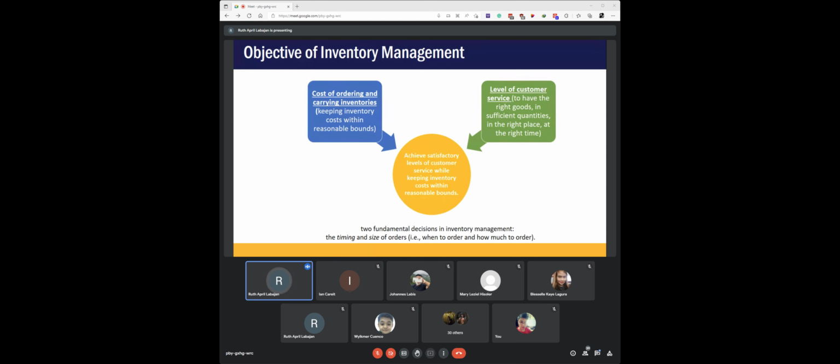Or let's say you went to the Apple Store looking for a certain cellphone model, and when you arrive there, it's not available. So there's already a level of dissatisfaction, because you are expecting something, but the firm or company was not able to provide it to you.